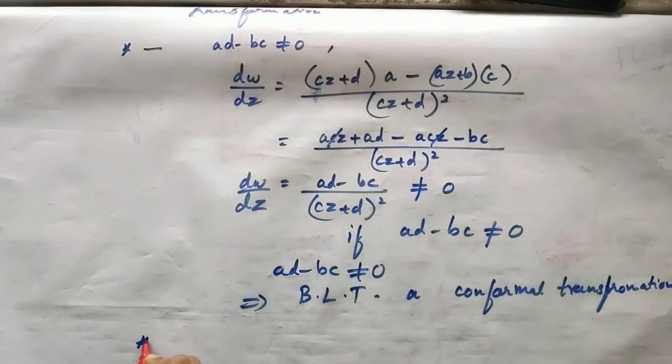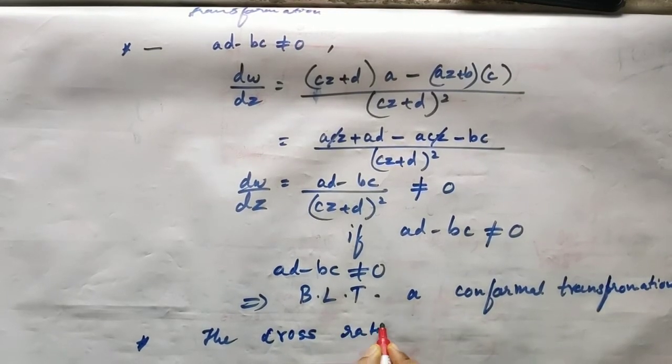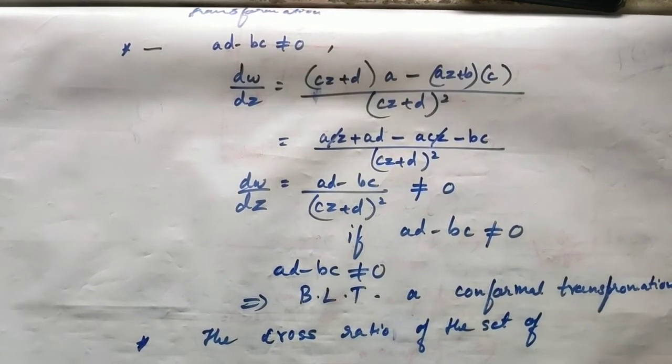The second important point you have to note here is the cross ratio of a set of 4 points, say P1, P2, P3, P4.